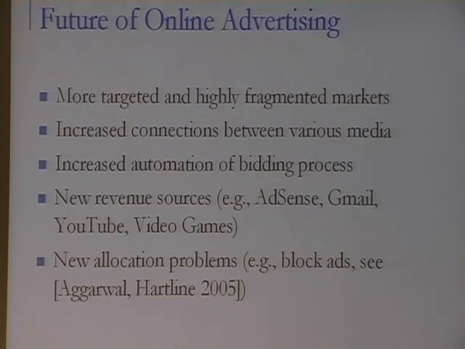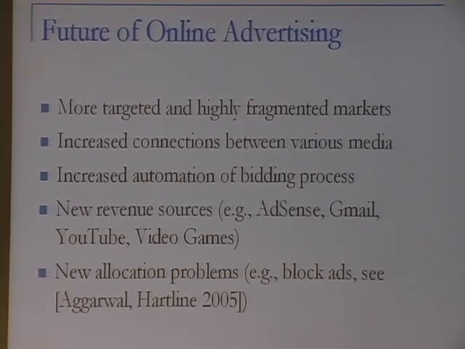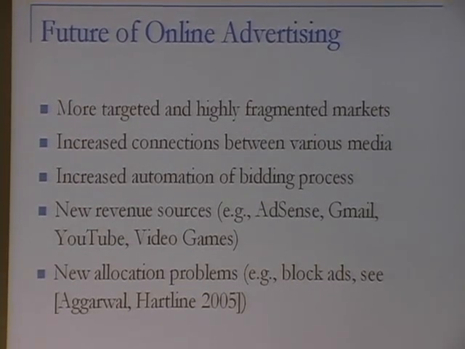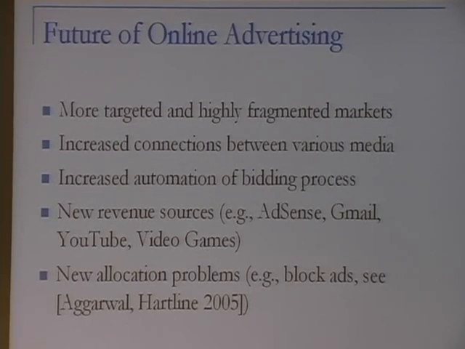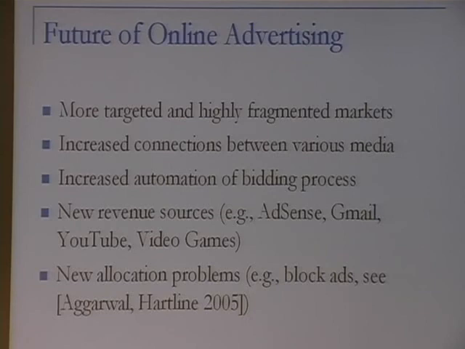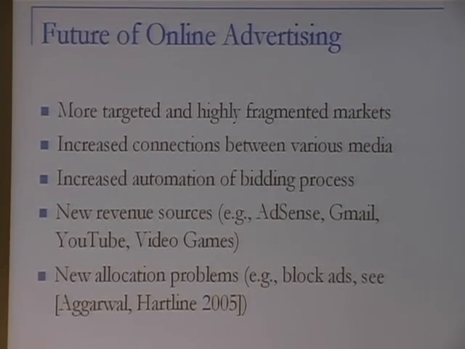So I see I'm already over time, but let me just try to wrap up a little bit. First, about online advertising. I think this market's very interesting and it's still evolving. It's still quite new, actually, if you think about it. It started really around '98, 2000. As the market evolves, we're going to see more targeted and highly fragmented sales.